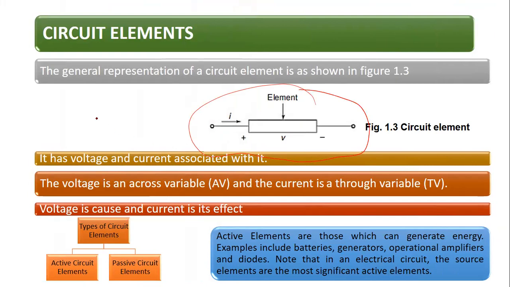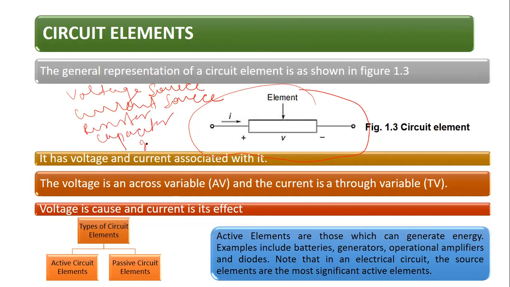Generally we have 3 to 4 types of circuit elements: voltage source, current source, resistor, capacitor, and inductor. Resistor, capacitor and inductor are the passive elements, and the above two are the active elements.